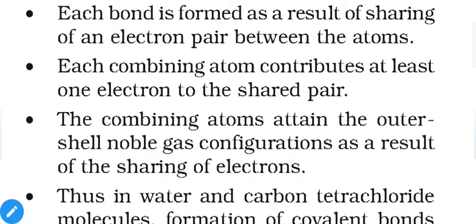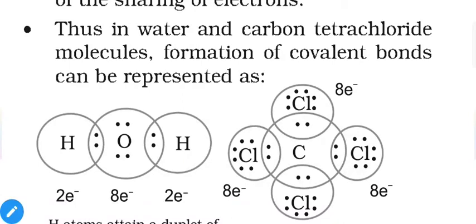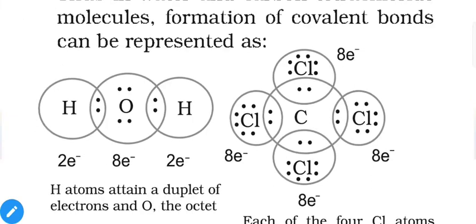The combining atoms attain outer shell noble gas configurations as a result of the sharing of electrons. That means if they do not gain a noble gas like electronic configuration, there is no meaning in sharing electrons with each other. Thus, in water and carbon tetrachloride molecules, the formation of covalent bonds can be represented as we can see here. We have a total of 6 electrons in oxygen and one electron in hydrogen in the case of the water molecule.